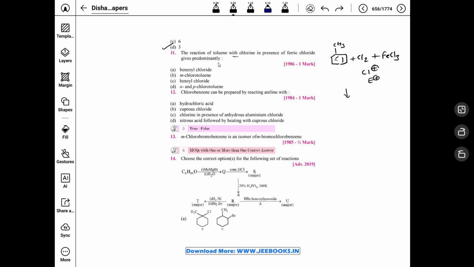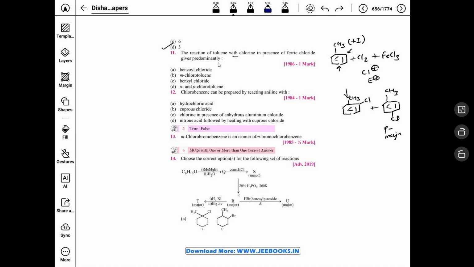And now we know that methyl has plus I effect, therefore it is ortho and para directing, and hence there will be a mixture of product, chlorine at the ortho plus we know that para will be major product.